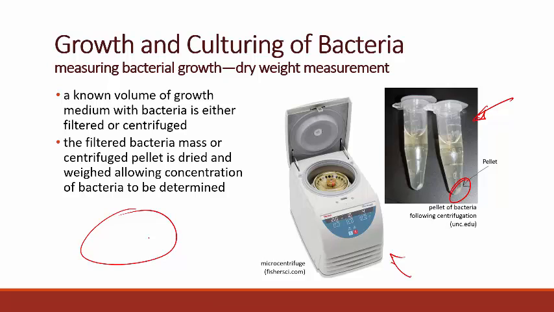And the same with the filter paper. You just dry the filter paper with all the bacteria on it, and then weigh the filter paper before you put the bacteria on it and after you get the bacteria on it, and then you can estimate the number of bacteria based on the number of cells there are per microgram of the pellet.